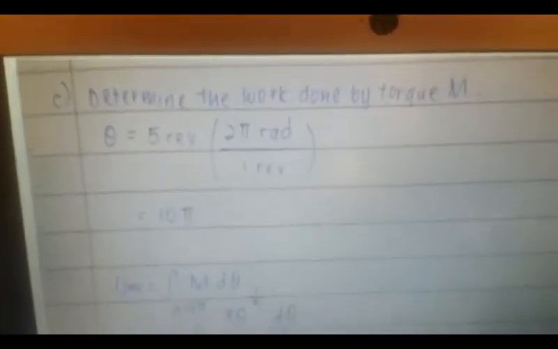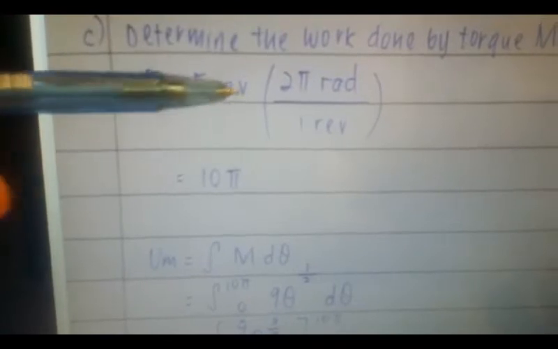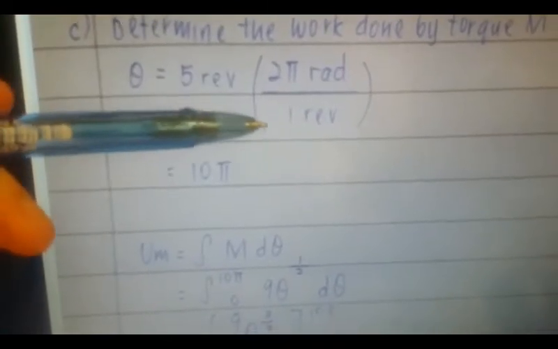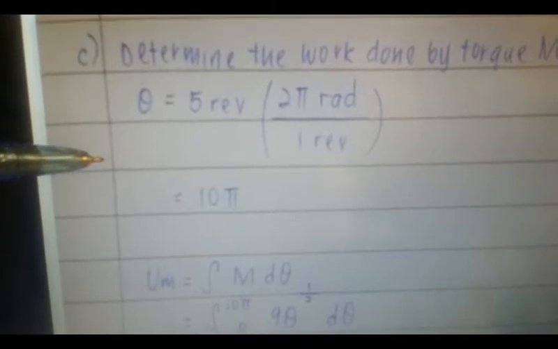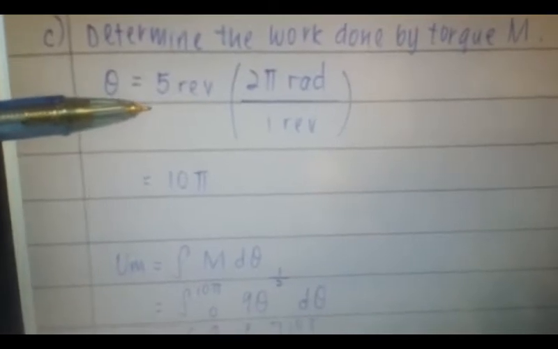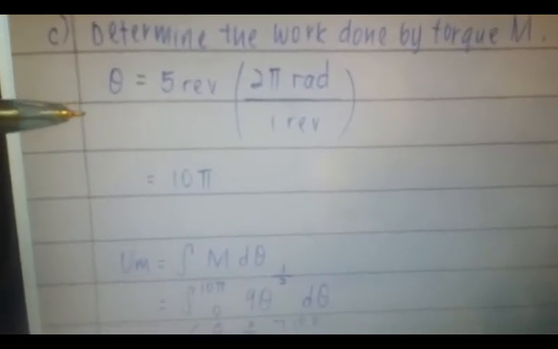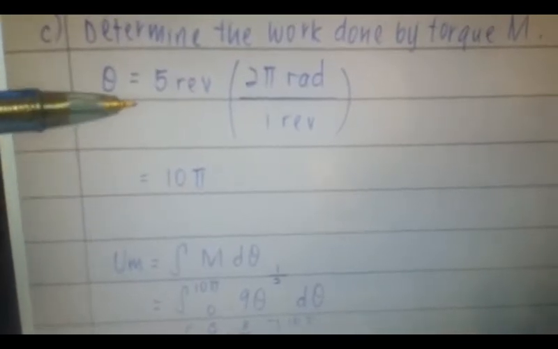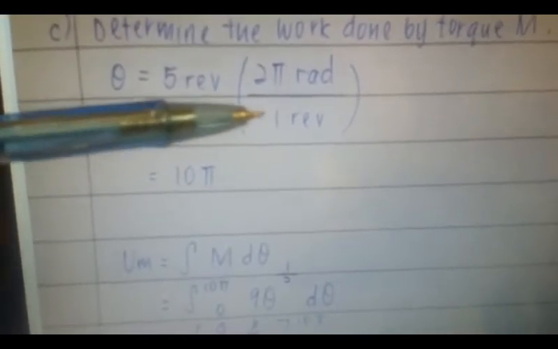The change in angular position, d theta, is called the angular displacement, with units of either radians or revolutions. They are related by 1 revolution equals 2 pi radians. From the given value in part D, which is 5 revolutions, we obtain 10 pi by multiplying 5 revolutions by 2 pi radians per revolution.